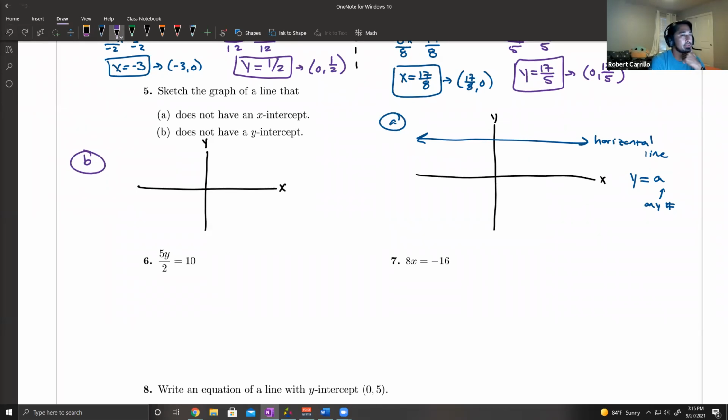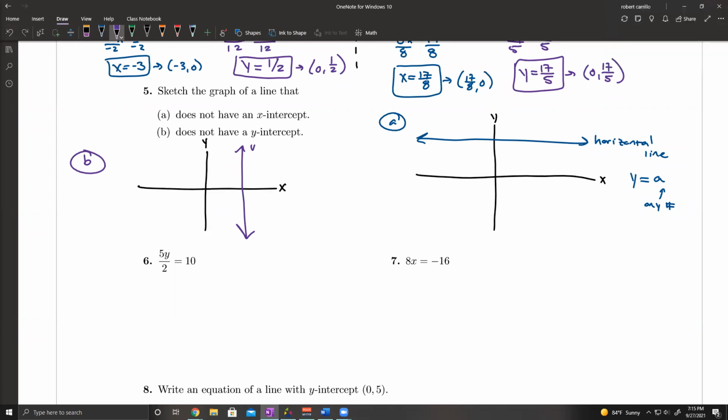What would that look like? A vertical line. Let's put one over here. Does this cross the y-axis? No.